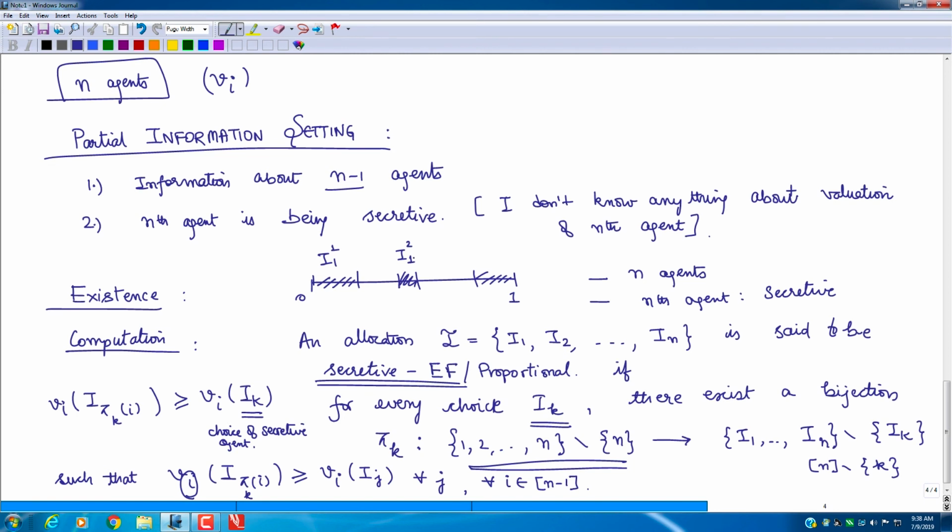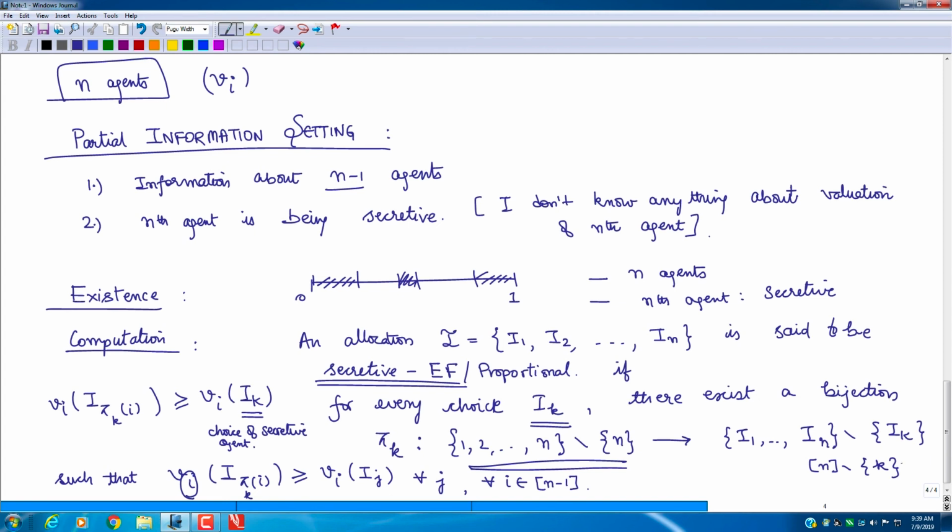Just to be sure, I'm not considering a connected cut right now. Yeah, I should have said it. So this particular allocation I is a disjoint union of intervals, and each piece can be again a union of some finite disjoint intervals. Okay. Is the definition clear? Any doubt in the definition?